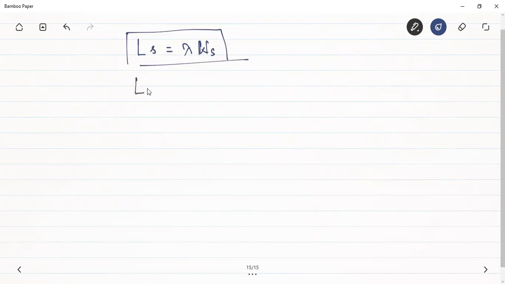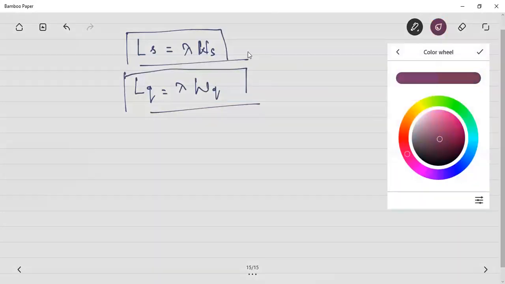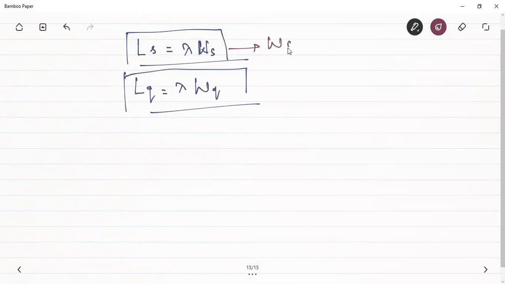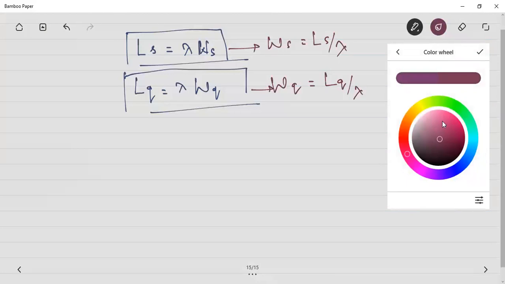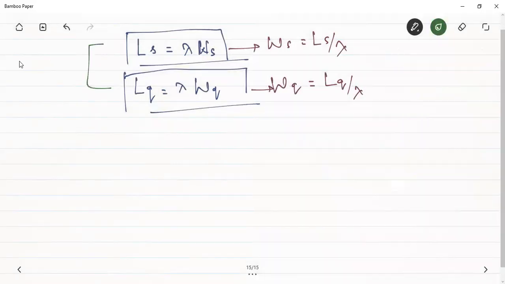And the length of the queue is also equal to lambda times the waiting time in the queue. So from here we get the waiting time in the system is equal to Ls by lambda, and from here we get the average waiting time in the queue, that is Lq by lambda. These have been derived from a law which is known as Little's law.